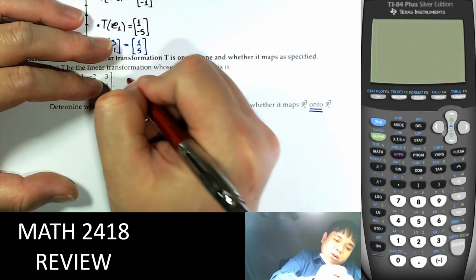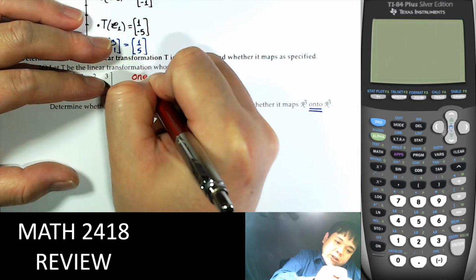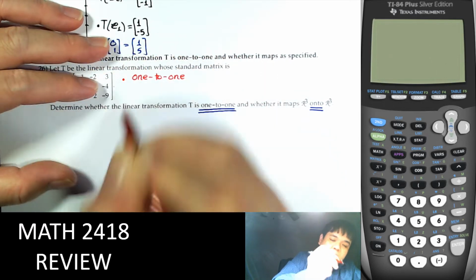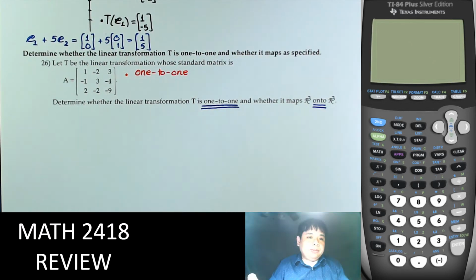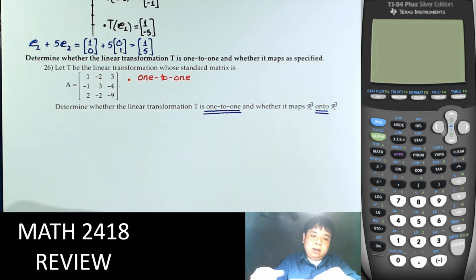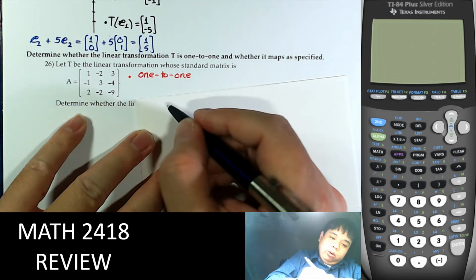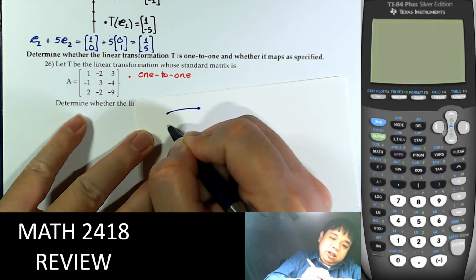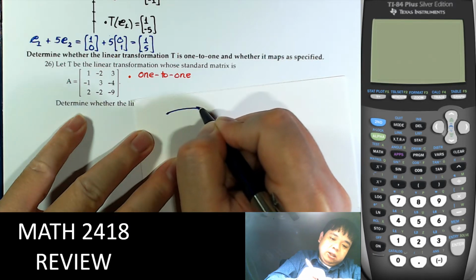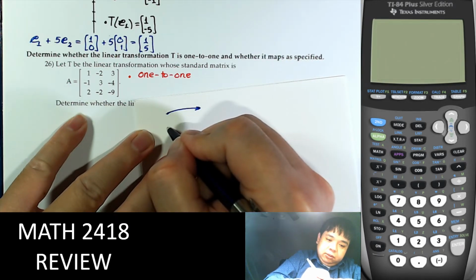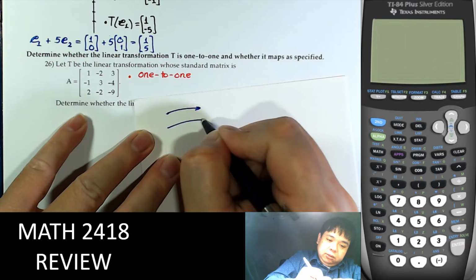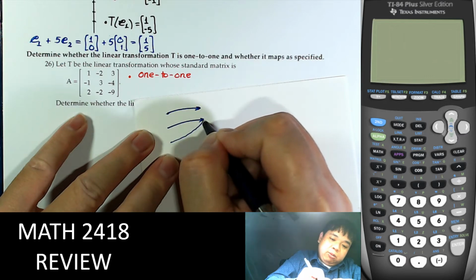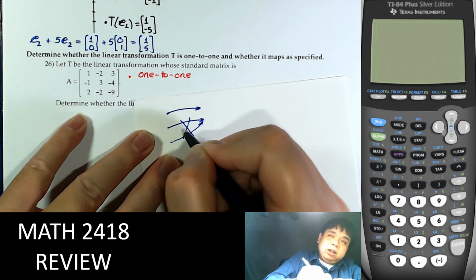So let's talk about one-to-one first. One-to-one means that we're going to map 1 x to 1 y. We cannot have the case where both of them go to the same one. This is not a one-to-one.